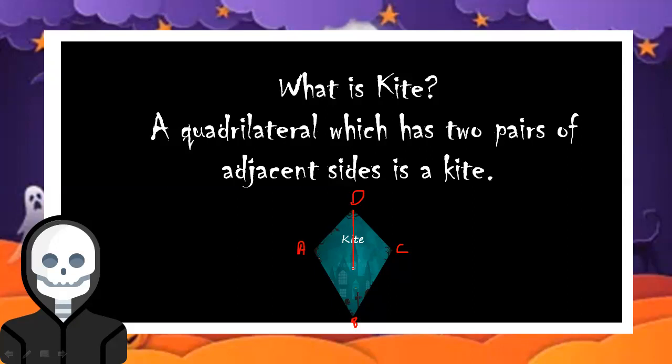So it's saying this diagonal DB divides the kite into two congruent triangles, which are ADB and DCB.